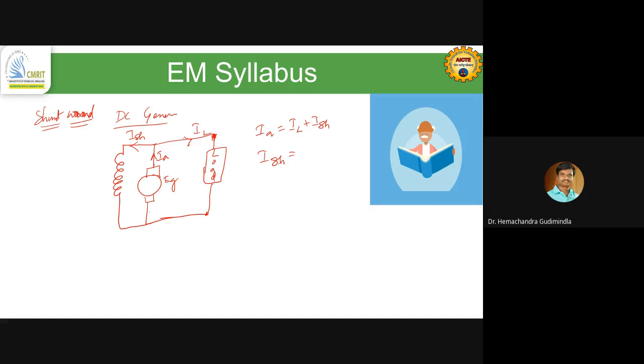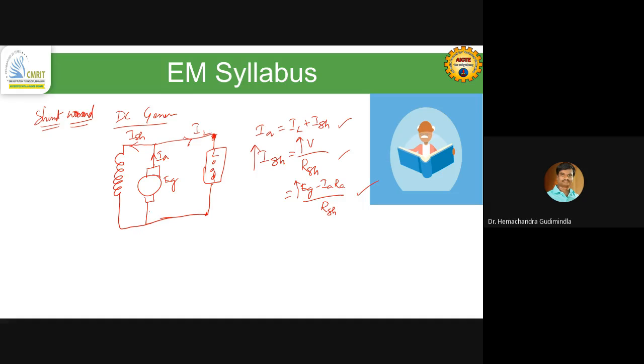So ISH is equal to V by RSH, which is same as (EG minus IARA) divided by RSH. Now, if the shunt current increases, what will happen to the EG? If shunt current increases, EG will increase, and the voltage also will increase.